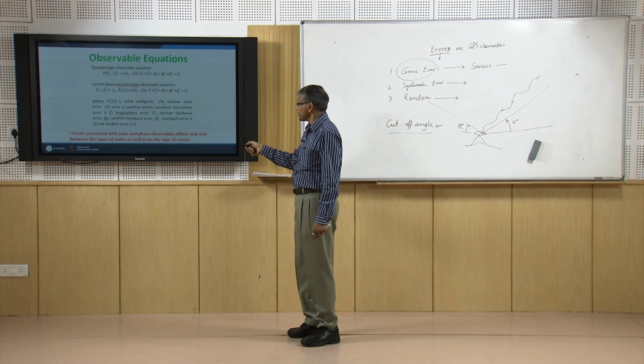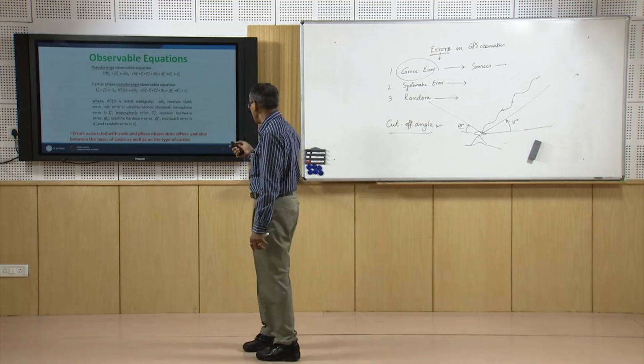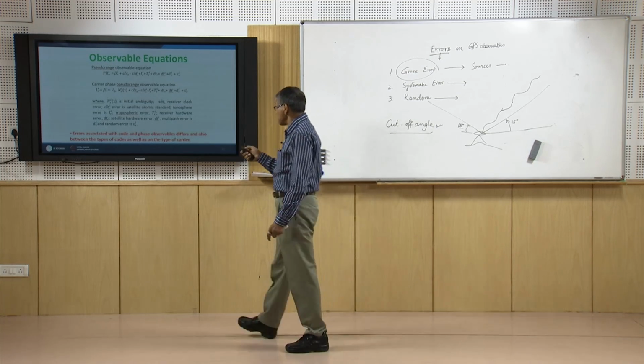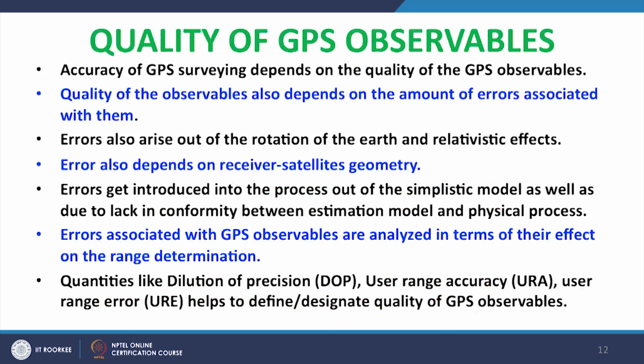The geometric range is the thing we are really looking for, but there are many errors which we have to reduce or take out. Similarly, carrier phase also has these parameters, with an additional parameter called the integer ambiguity parameter. Though I am using the same symbols, the amount of error associated with code pseudo range observables and with phase observables will not be the same.